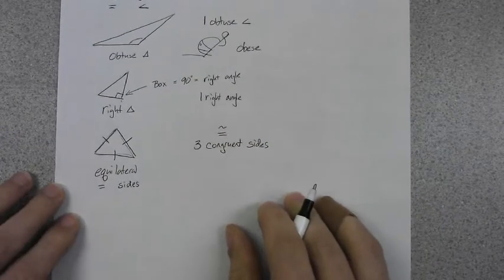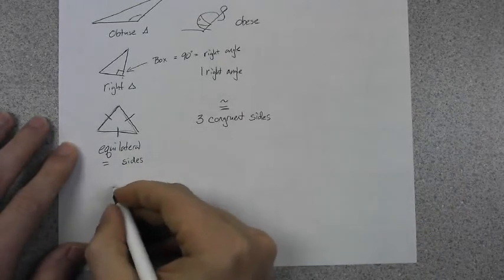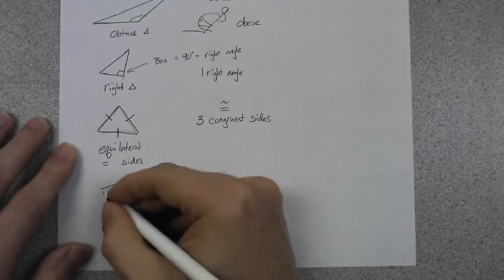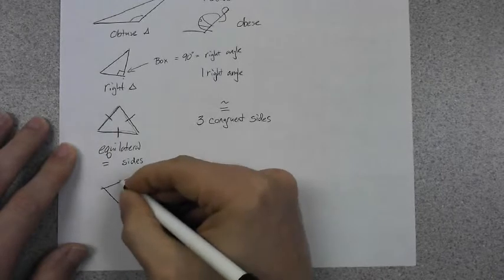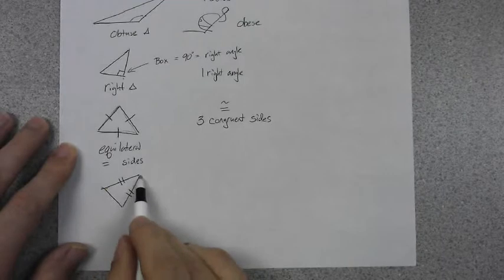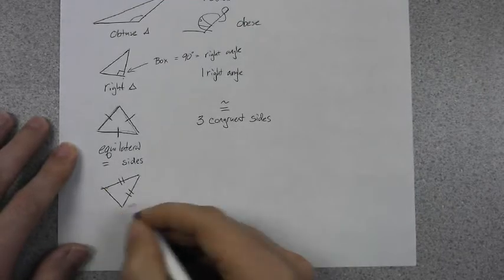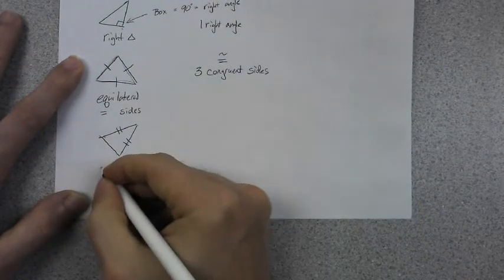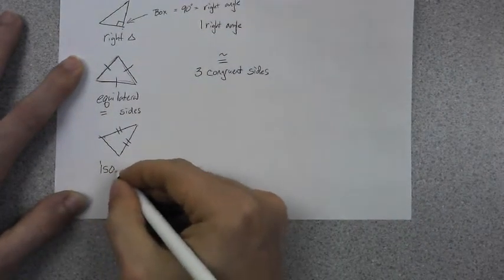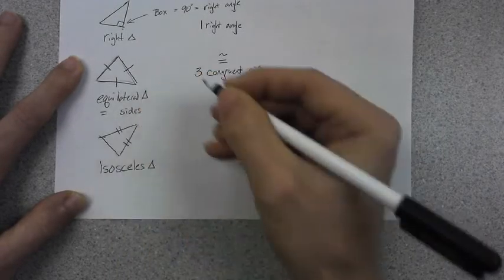Let's see. Next, we've got isosceles. And for isosceles, this side is congruent to that side, but not this one. So isosceles, I-S-O-S-C-E-L-E-S, an isosceles triangle.